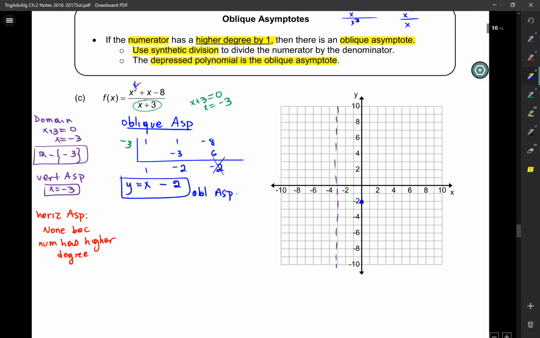At negative 2. What's the slope? Okay. So I'm graphing y equals x minus 2. This is the y-intercept, and that's the slope, up 1 over 1. All right? I'm graphing the oblique asymptote, which is what I got in the blue. Okay?